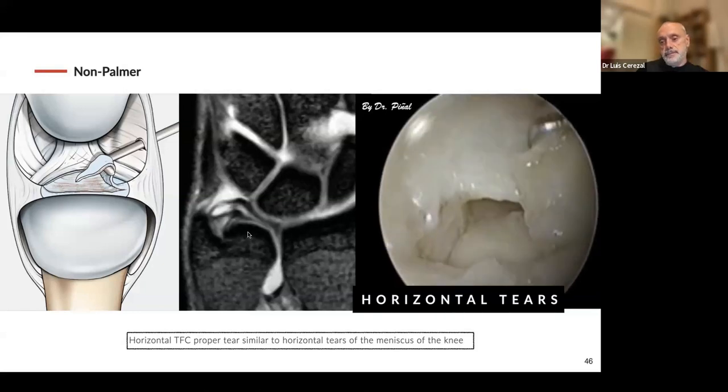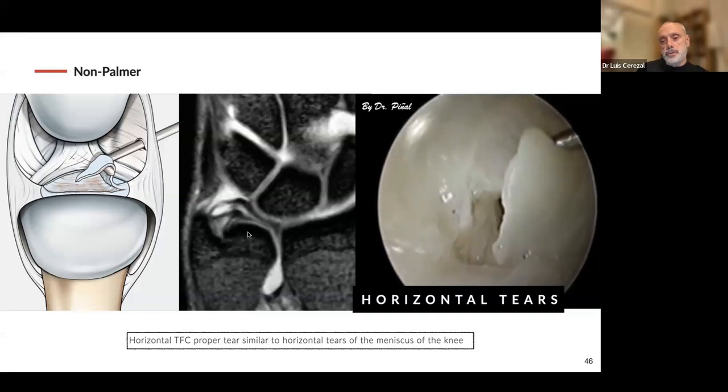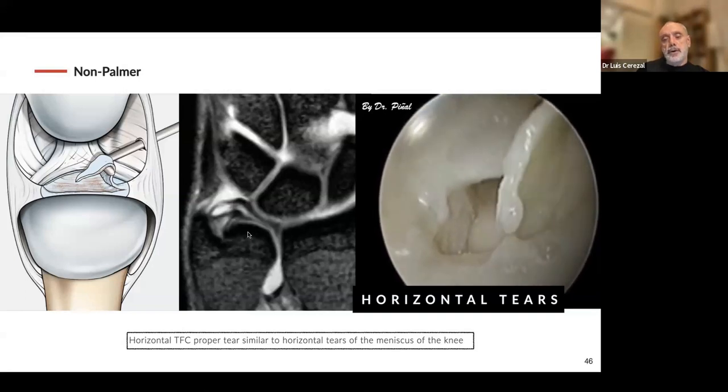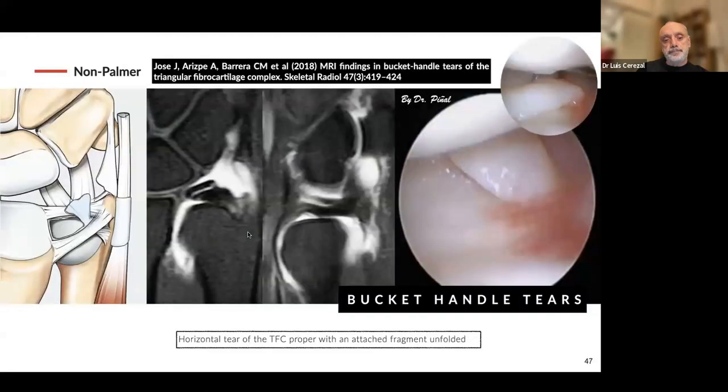This is the arthroscopic correlation with the horizontal flap of the TFC. These flaps could be unfolded, making this injury very similar to the bucket handle injuries of the knee also.